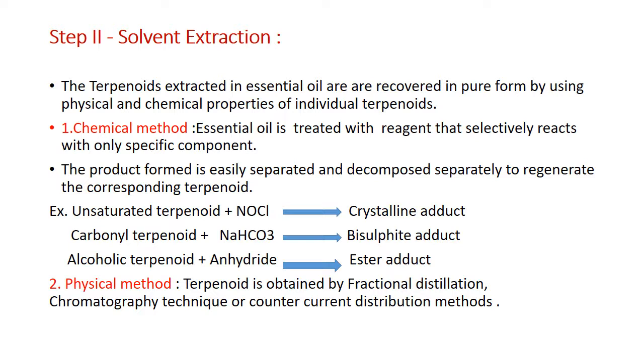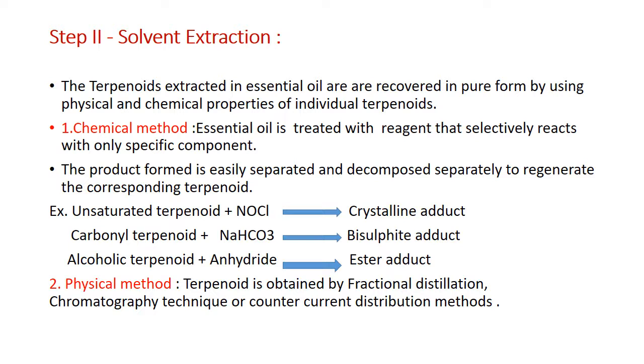Another example is a carbonyl terpenoid. Where a carbonyl group is present, it is allowed to react with sodium bisulfite. If a bisulfite adduct forms, its identification proves the presence of a carbonyl terpenoid.